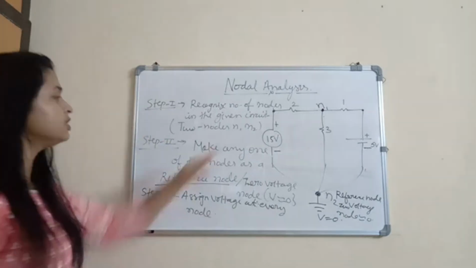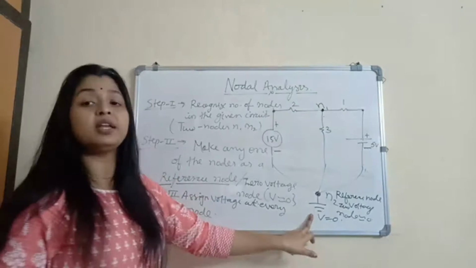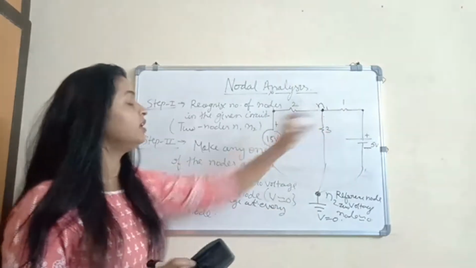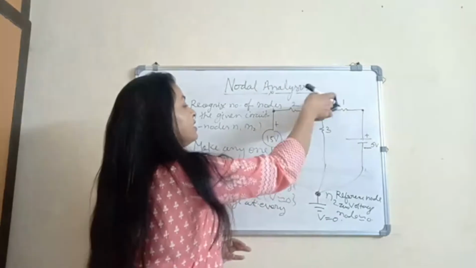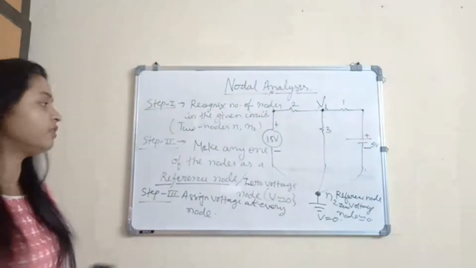So how many nodes? Two nodes. Among the two, I have already considered zero at this, so I'm left with only one. So now let's say the voltage is V1.